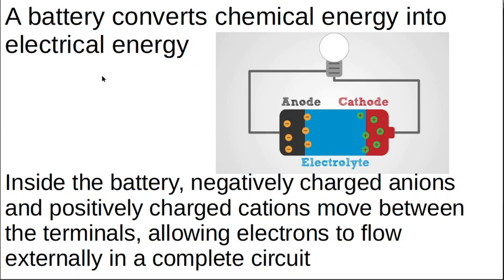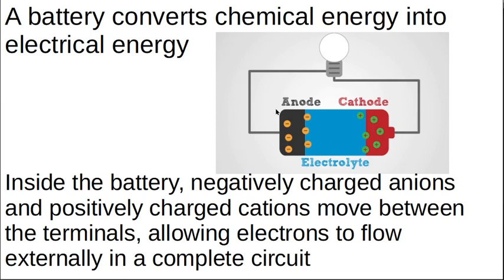So this is the job of a battery. It's like a little electron pump, but we always say a battery converts chemical energy to electrical energy. Remember, energy can neither be created nor destroyed. It can only be converted from one form of energy to another. So inside your battery, you've got anions and cations, and when you complete the circuit, they're allowed to move between the positive and negative terminals, and this allows the electrons to flow in the external circuit as well, because this is acting kind of like a little electron pump.